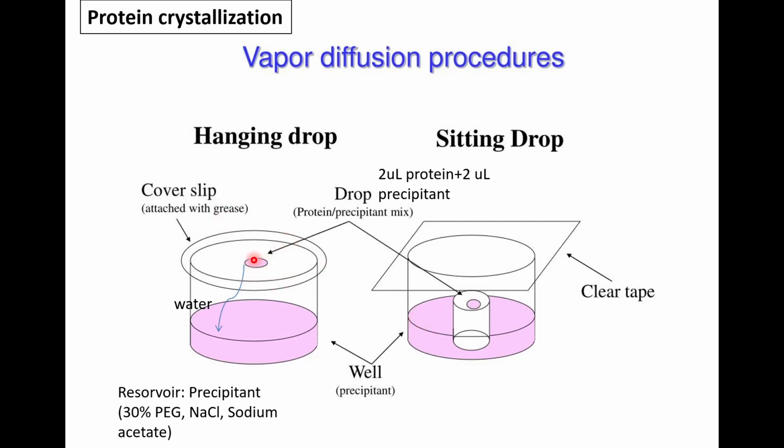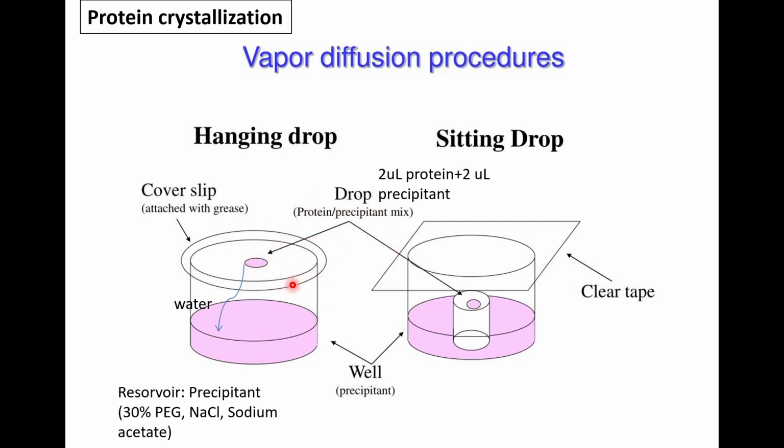But if you put the drop inside the reservoir in a container, with no cover slip, just a clear tape above, then that is known as the sitting drop method. Here you see 2 microliter protein plus 2 microliter of precipitant. In this way the precipitant will exchange with water of your protein and try to make a crystal.